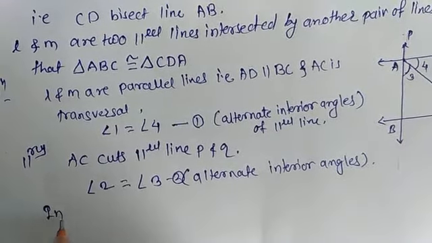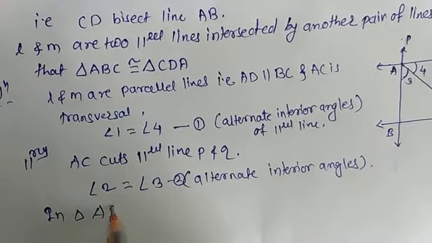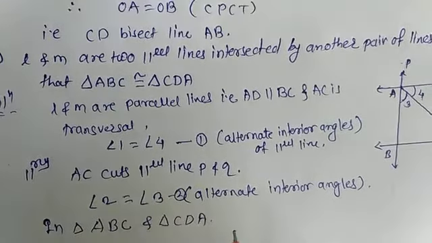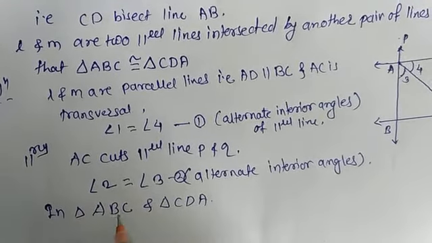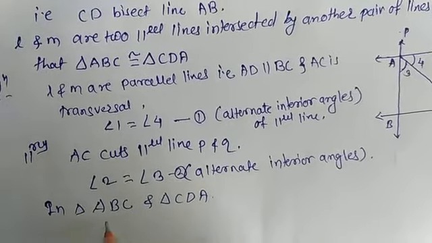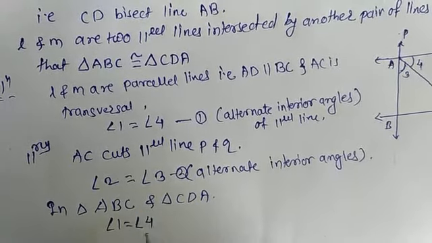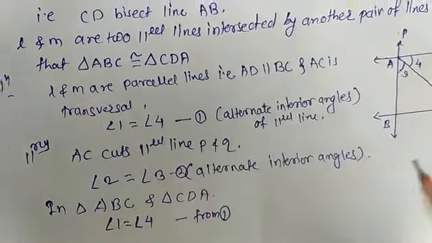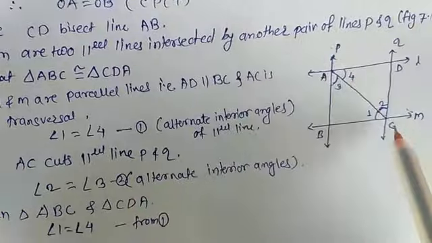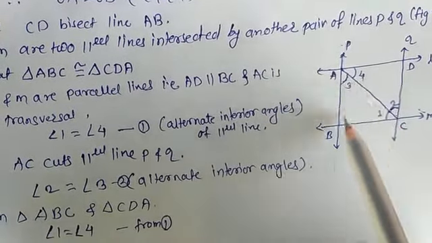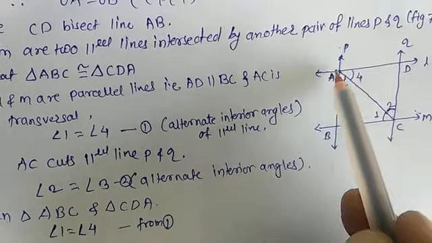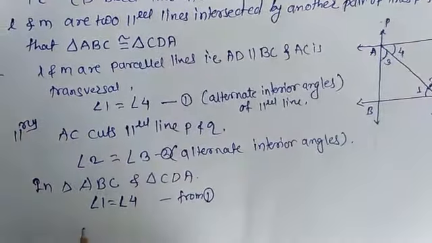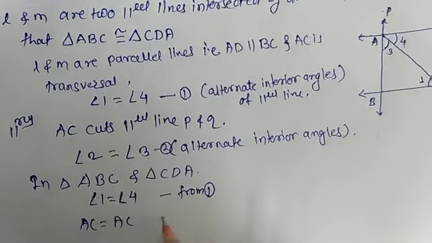Now in triangle ABC and triangle CDA, angle 1 is equal to angle 4 from equation 1. Side AC is common to both triangles, therefore AC is equal to AC.